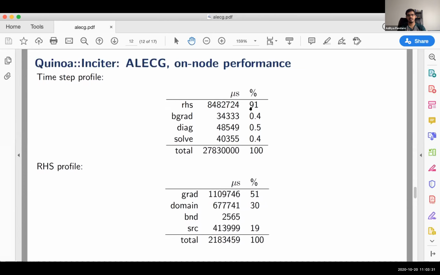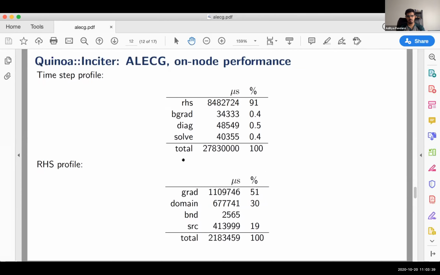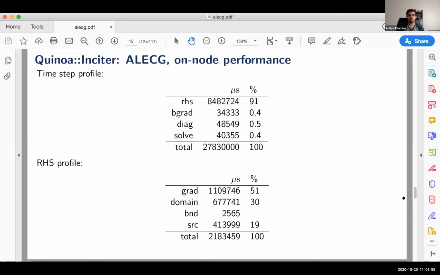The computation of the right-hand side takes like 91% of the time. And when you go further fine-grained, we can see that there are the gradient computations, the domain computations, and the source term computations, which take up most of the part. So this is how we decided which part of the code to optimize to get a better performance.